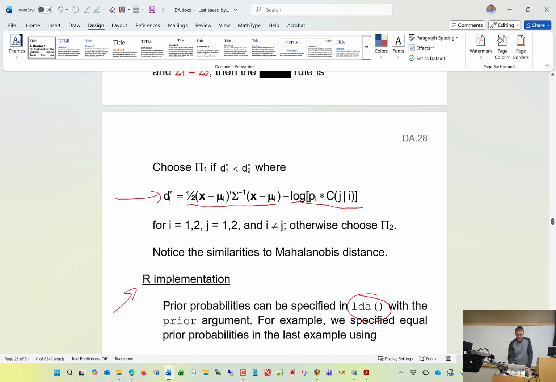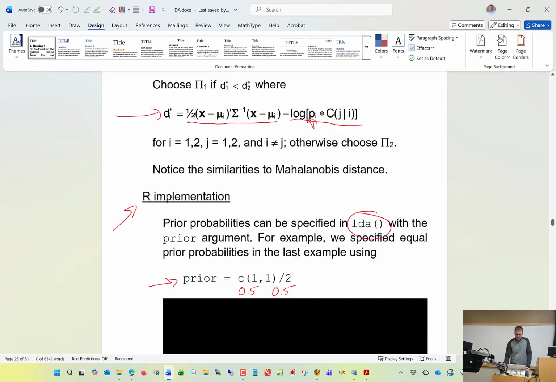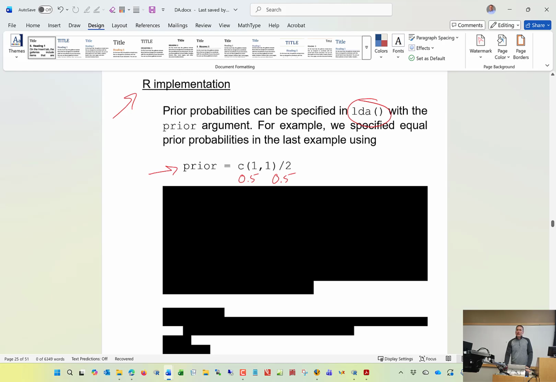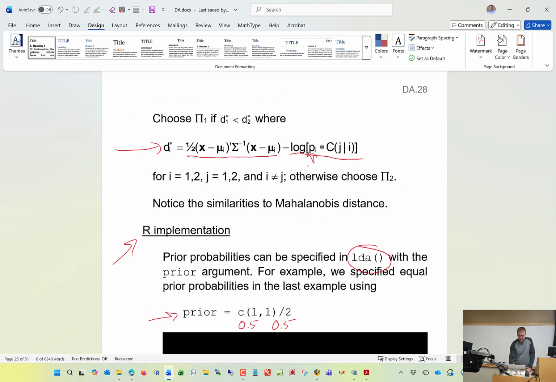Now, though, notice that I have to take into account those different prior probabilities. First of all, notice if I put 0.5 here for population 1 and 0.5 for population 2, it's not going to matter, because it's exactly the same number that you're subtracting from that stuff on the left.